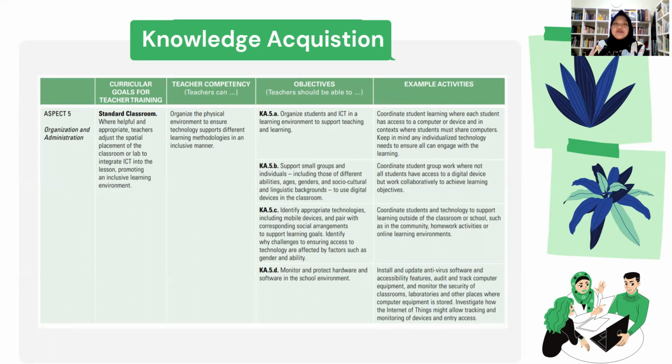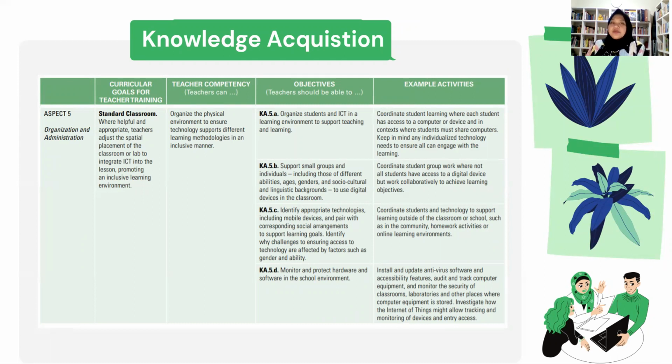The third objectives will be identify appropriate technologies, including mobile devices, and pair with corresponding social arrangements to support learning goals. Identify why challenges to ensuring access to technology are affected by factors such as gender and ability. By coordinating students and technology to support learning outside of the classroom or school, such as in the community, homework activities, or online learning environments.